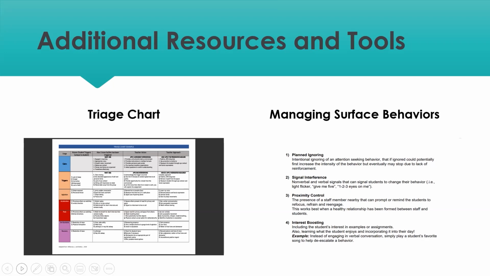There are gradients in between. And when we can identify what it looks like when I'm just starting to get agitated, what it looks like when I bumped up to that next level, then we can start to put things in place and support the student at that lower level so that they don't get all the way to 100.